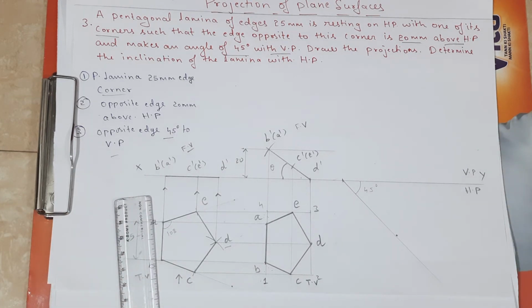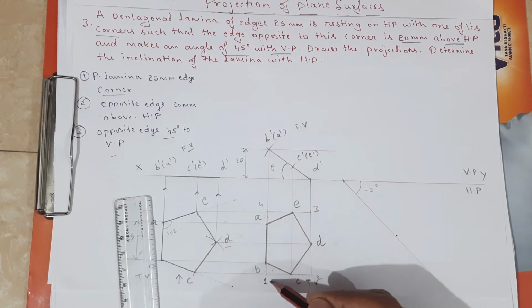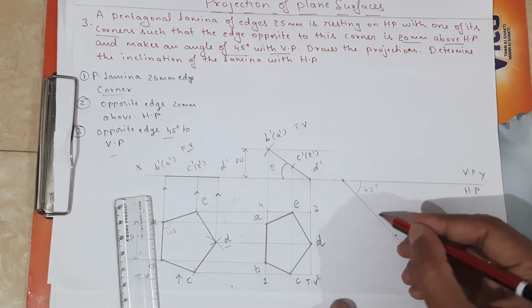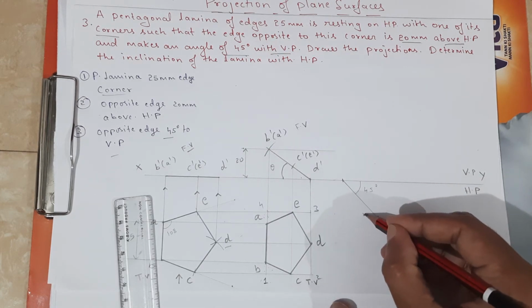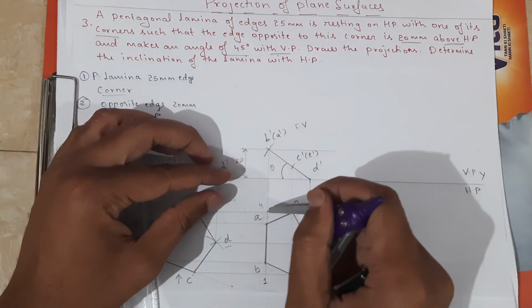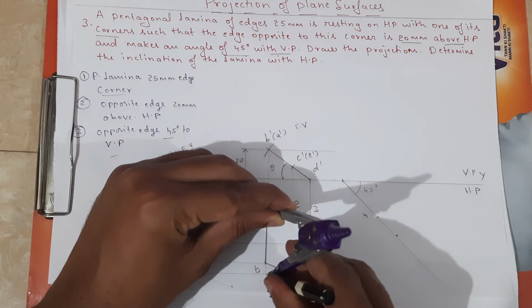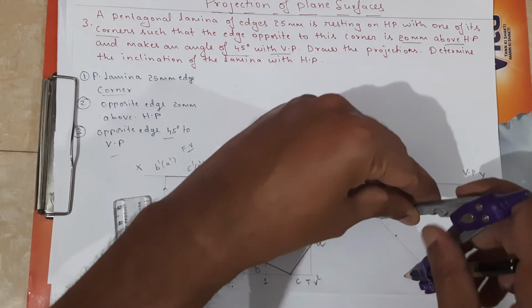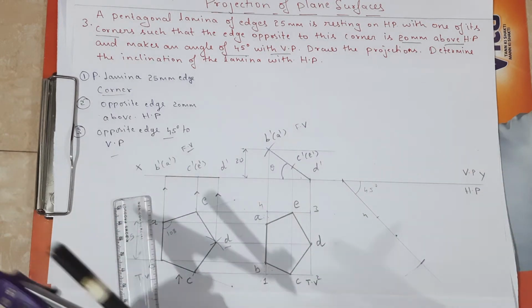See, this AB is lying on 1 and 4. So first I am going to fix 4 and 1. Take the measurement from 4 to 1. So this one is 1.